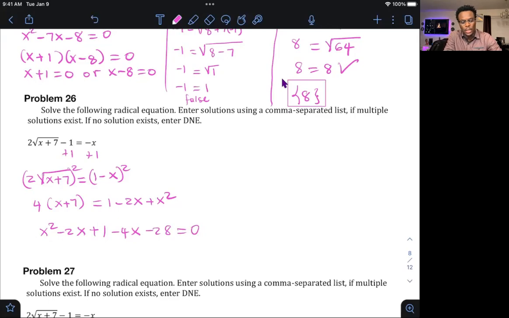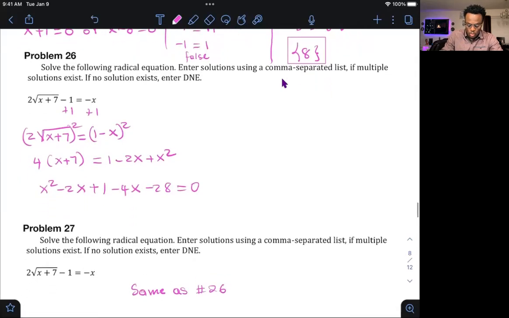Then combine like terms: x squared minus 6x minus 27 equals 0.